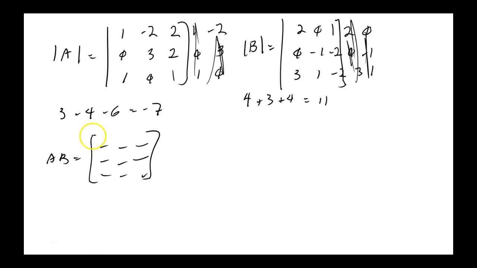Now, first entry is 1, 1, so it's first row, first column. That would be 2, 0, 6. 2 and 6 is 8. First row, second column, 0, 2, minus 2, that's 0. First row, third column, 1, plus 4 is 5, minus 4 is 1. The 2, 1 entry, second row, first column, 0, 0, 6.